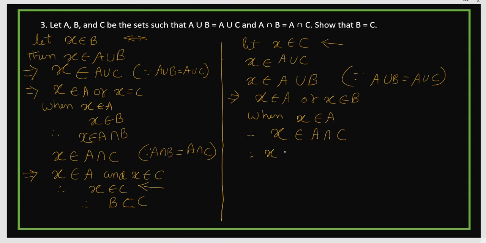Therefore, x belongs to A intersection B, because A intersection B equals A intersection C.